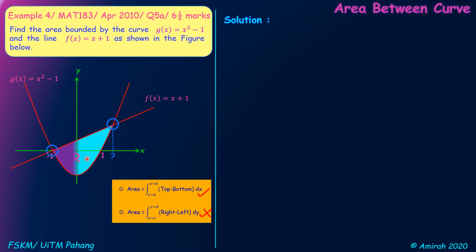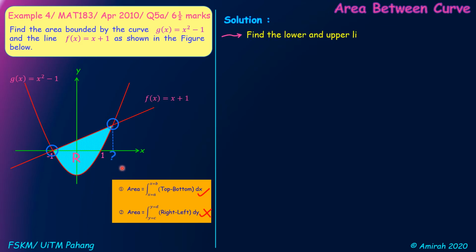But the question is finding the area for the region R, which is the blue region here. So we need to use the upper limit here, and now we need to find its value.